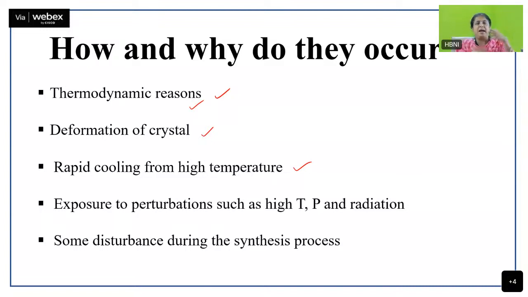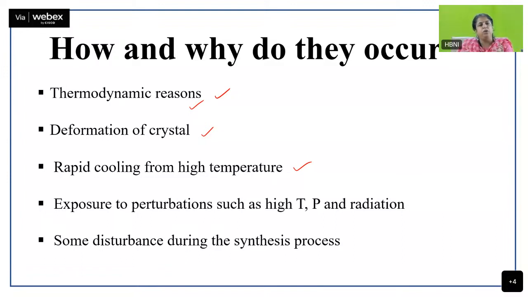Now, you can imagine that at high temperature the material would have been highly disordered, in motion. If I slowly cool it, I give it time to go back to equilibrium. But if I suddenly bring it to room temperature or liquid nitrogen temperature, it doesn't get time to settle down.